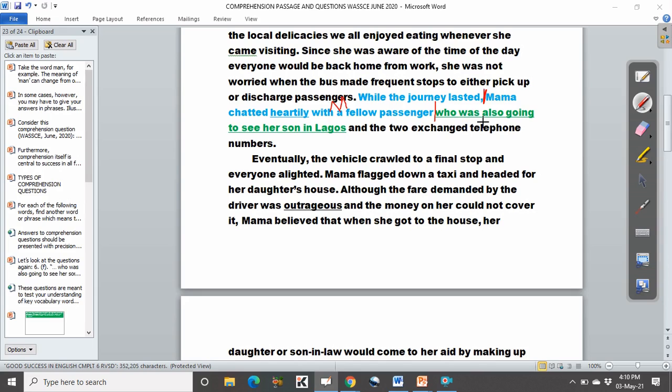So now, who was going to see her son in Lagos? That is the subordinate clause. All right, so we can say that this is SC, a subordinate clause. And you know that subordinate clauses are classified according to the function they perform in a sentence. You know, subordinate clauses are either noun clauses or adjectival clauses or adverbial clauses.